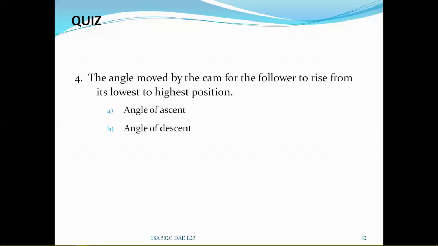Angle of ascent, angle of descent, angle of dwell, or the pressure angle? Angle moved from lowest position to the highest position is simply rising, that is ascent. So the answer should be the angle of ascent. A will be the right answer.